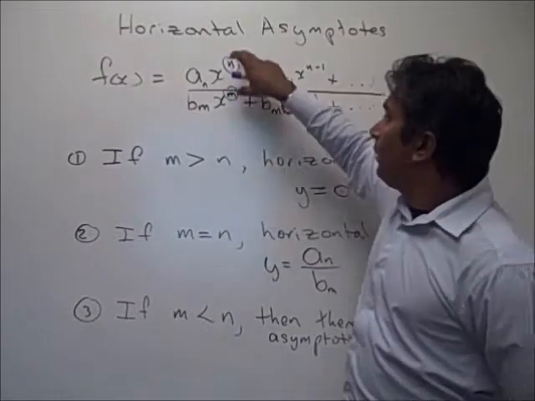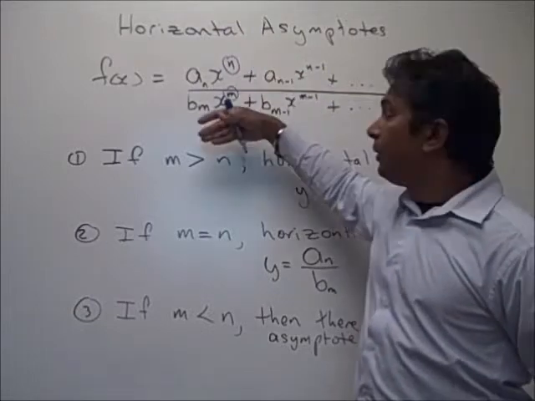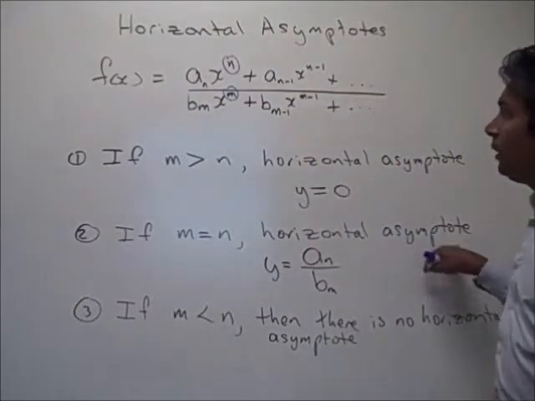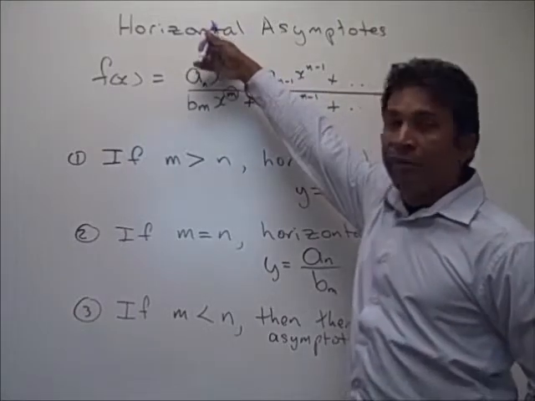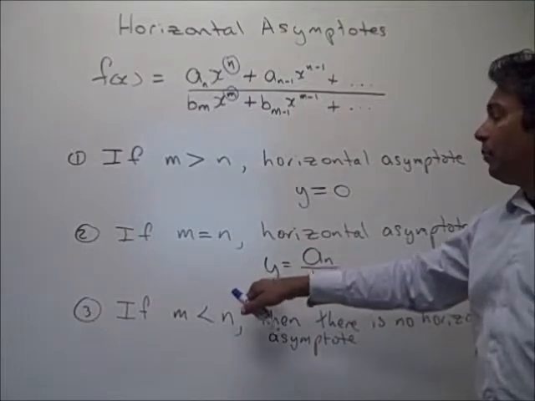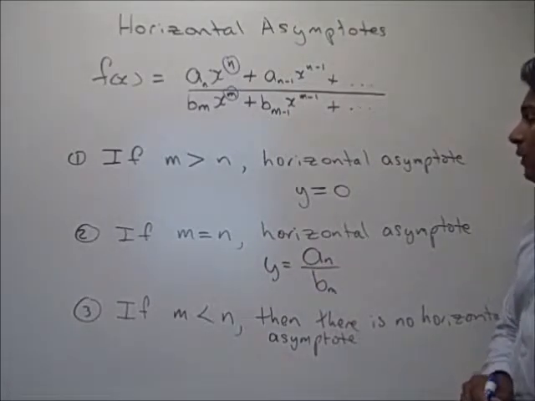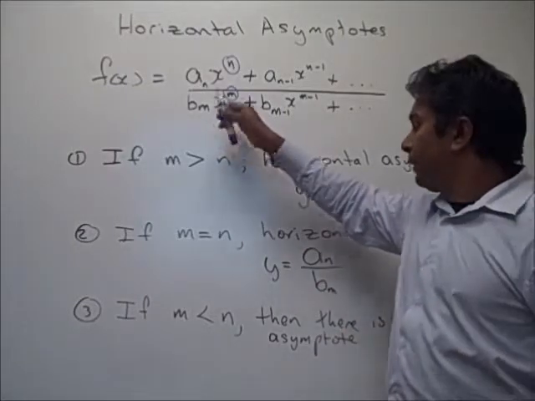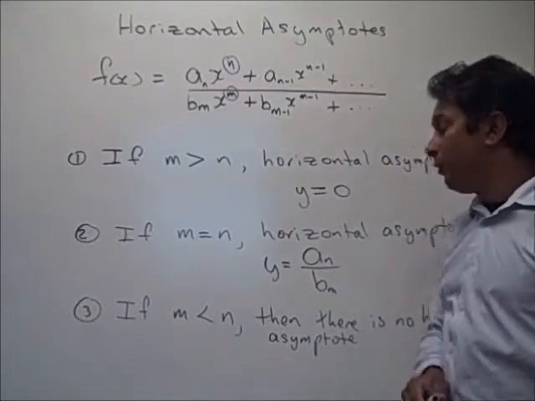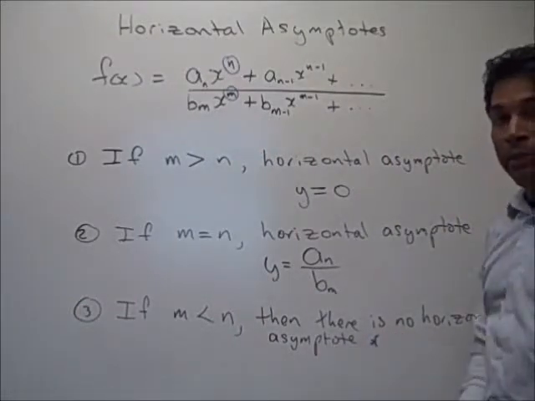Now, if m and n are the same, for example, they're both 2 or both 3 or both 4, then the horizontal asymptote is the quotient of dividing a_n over b_m. So y would then be a_n over b_m. However, if m, the degree of our denominator, is less than the degree of our numerator, then there is no horizontal asymptote.